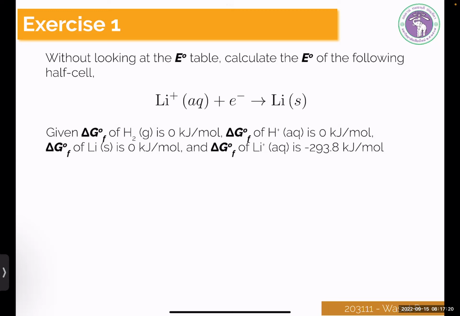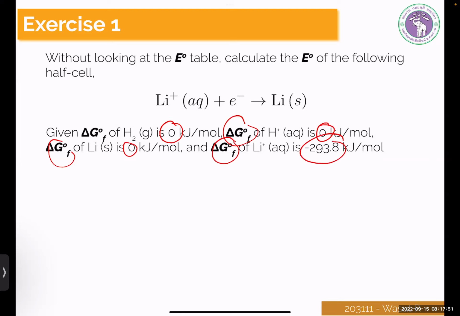Okay, so let's take a look at the exercise here. Without looking at the E naught table, I want you to calculate E naught of the following half cell. Given that delta G naught f of H2 gas is 0, delta G naught f of H plus is also 0, delta G naught f of lithium also 0, and delta G naught f of lithium plus is minus 293.8 kilojoules per mole.